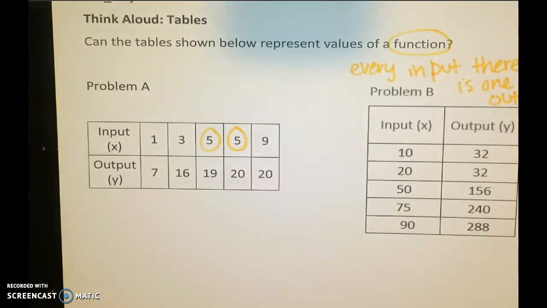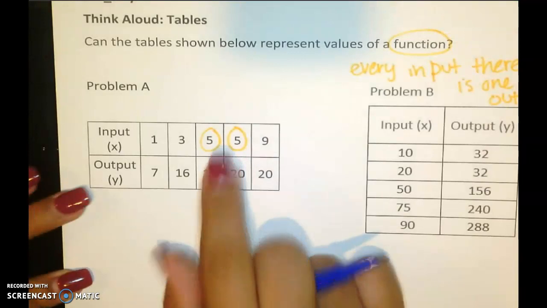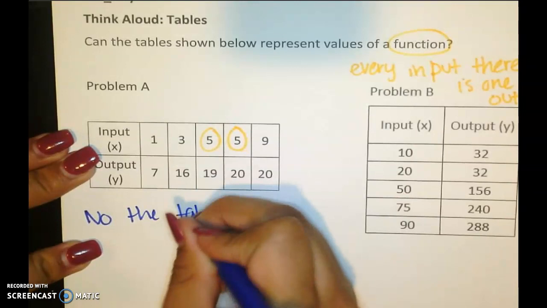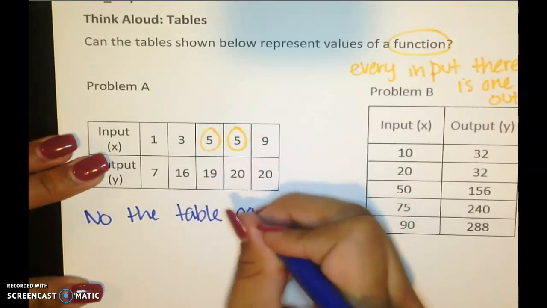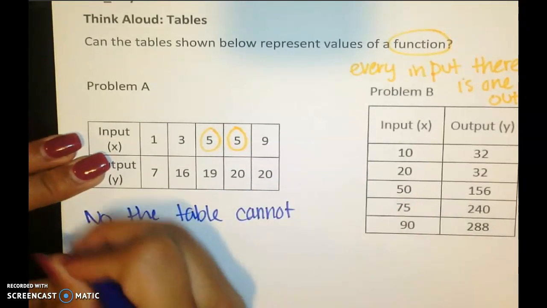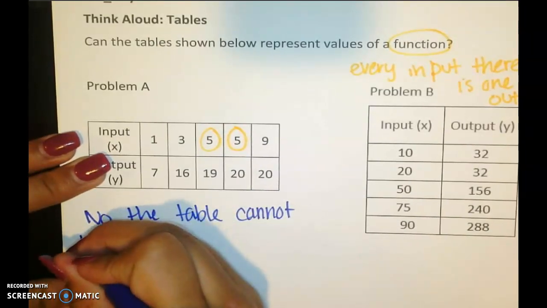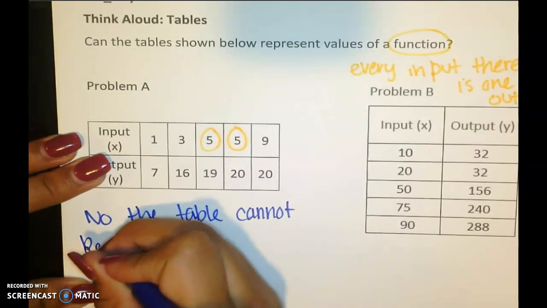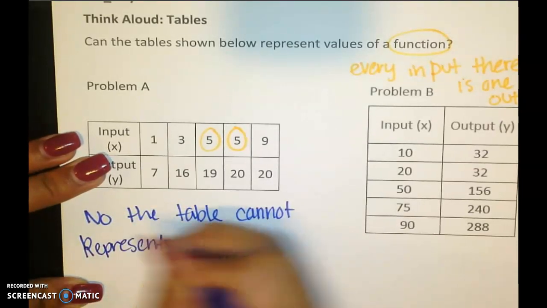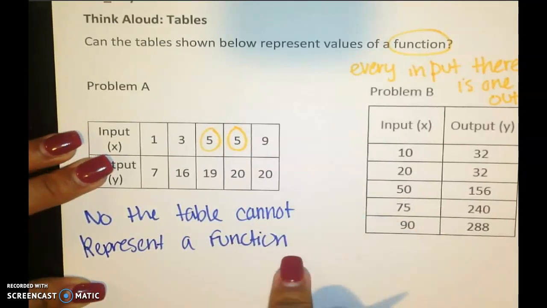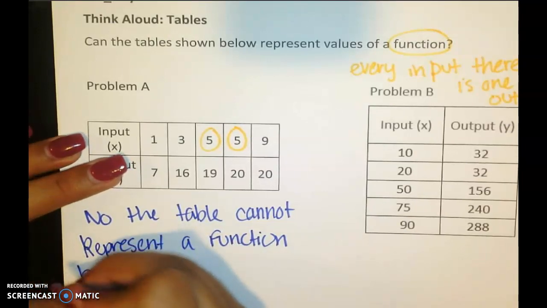But since we are mathematicians, we need to justify our answers. So automatically, we already said it's going to be no. And say no, the table cannot represent a function. This is great. However, we need a because.